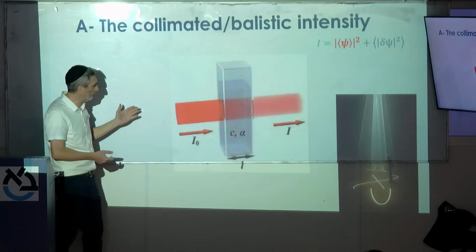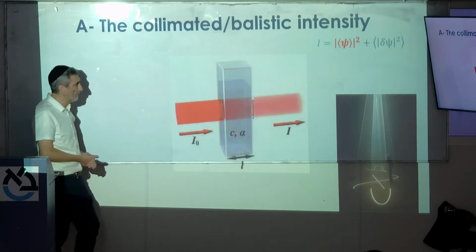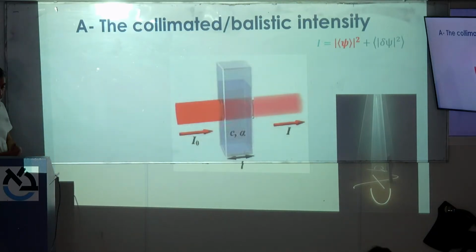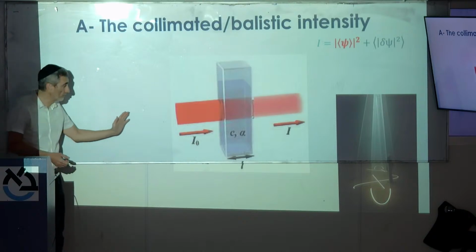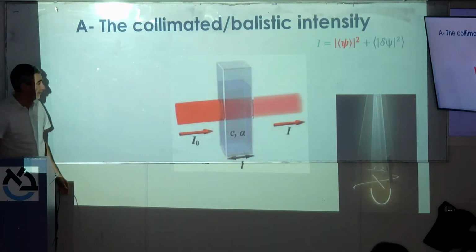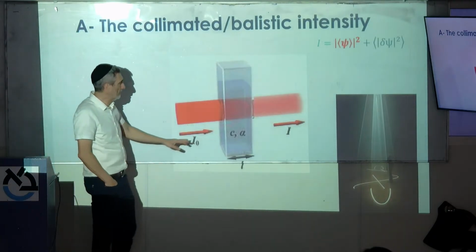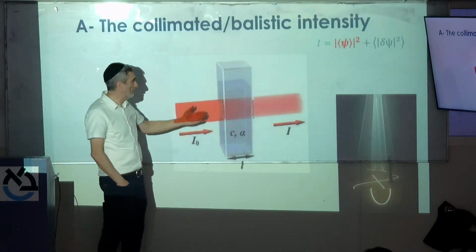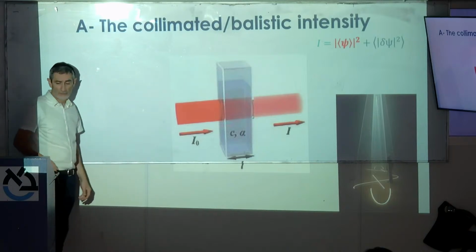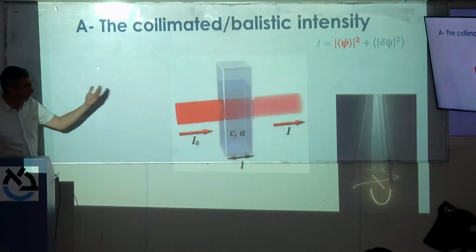As the light crosses the scattering medium, we come in with an incident wave intensity I0. Here we have a medium with some concentration of scatterers.